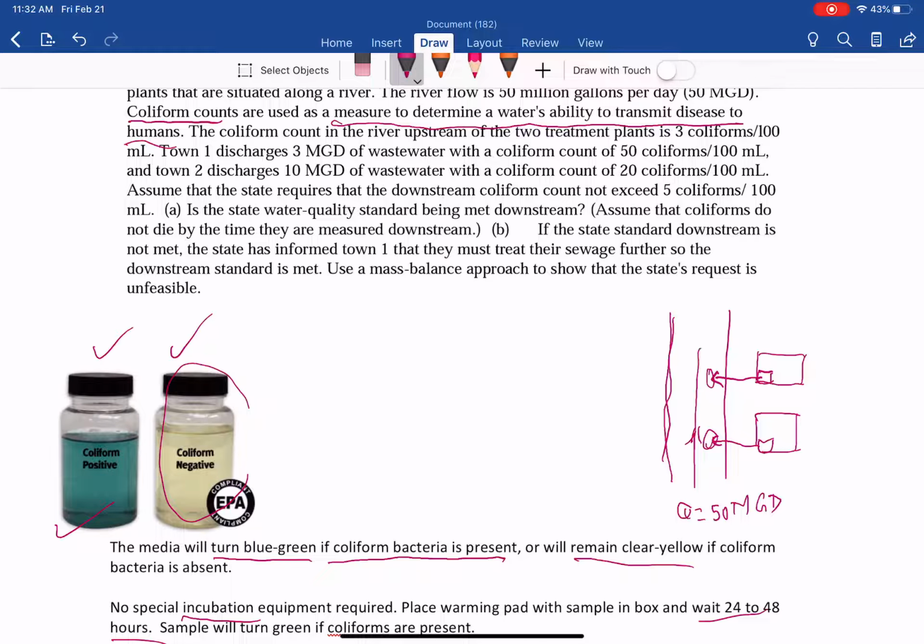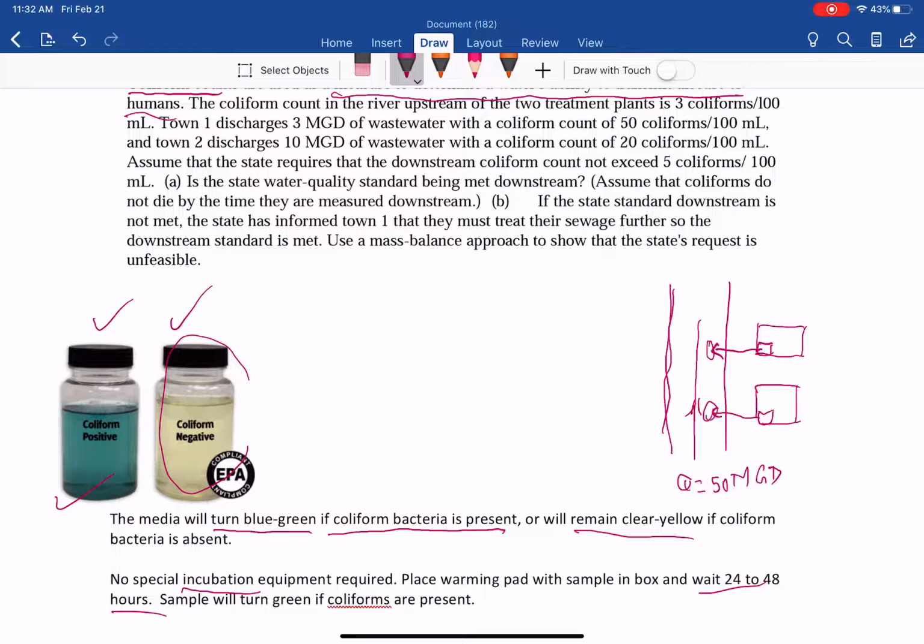So the coliform count in the river upstream of the two treatment plants is 3 coliform per 100 ml.